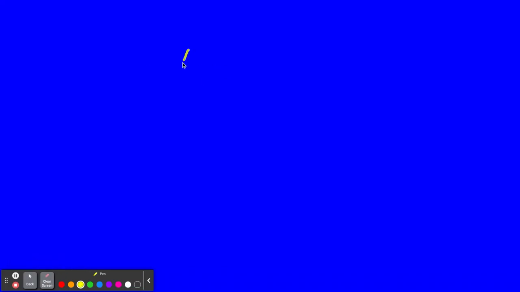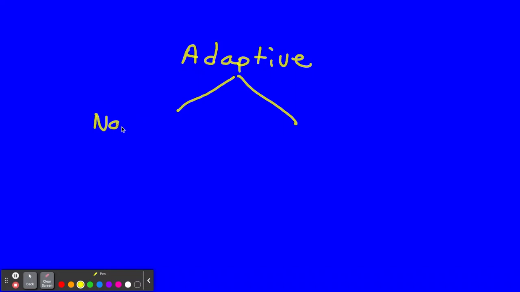Write up adaptive here. So there's two types of adaptive, and you could break those two types down even further. There's natural, and then there's artificial. Artificially. So I think this is pretty self-explanatory.